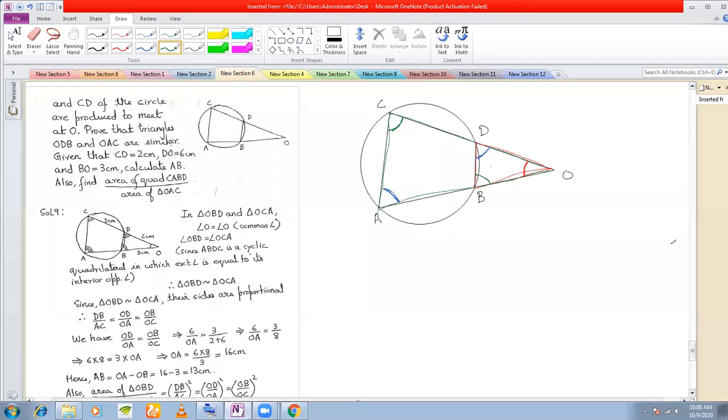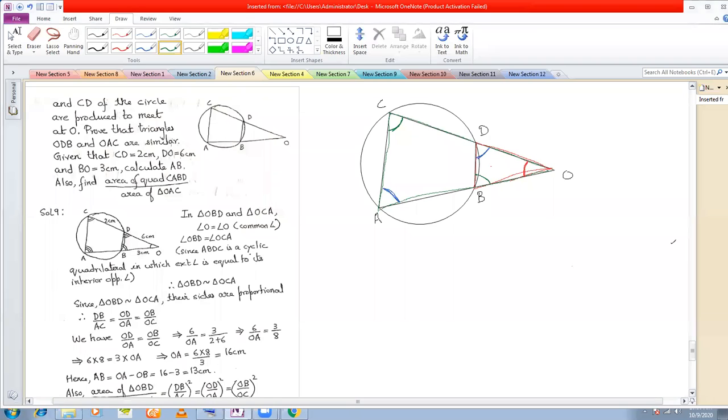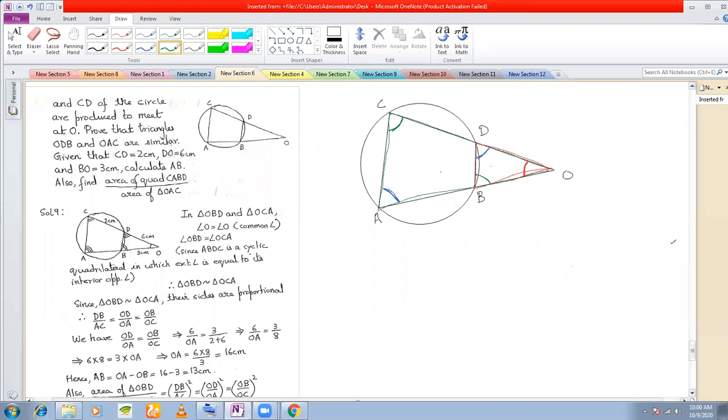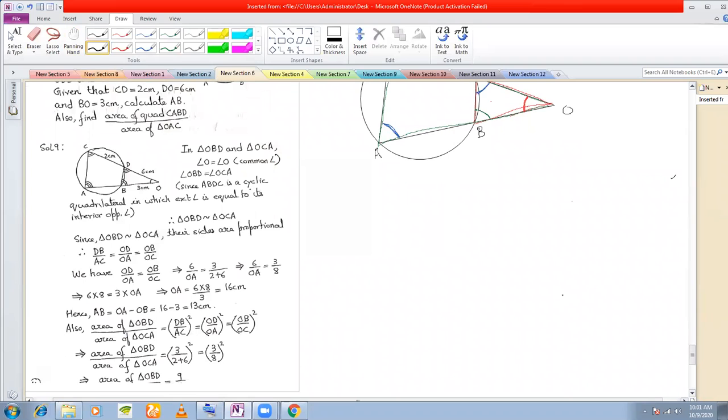Either you can say the third angle is equal if two angles of a triangle are equal, or you can also say in this case that the exterior angle of a cyclic quadrilateral is equal to its interior opposite angle. Now I won't do the proof of similarity, because I've done the proof of similarity many times. So I'll skip it and directly do the proportional sides.